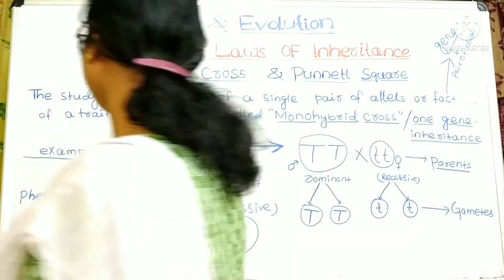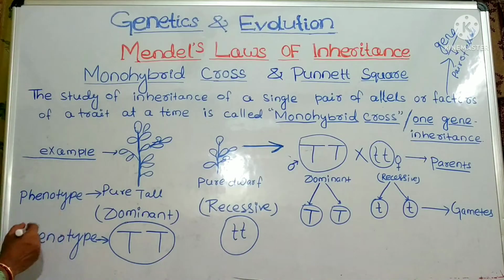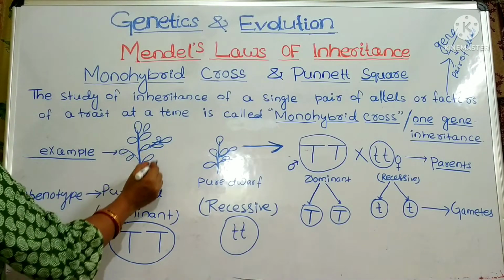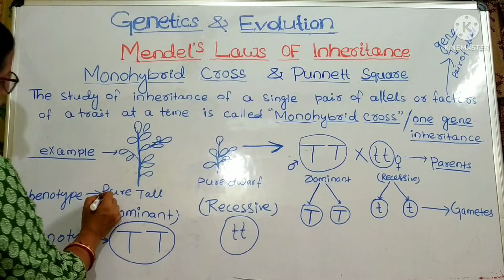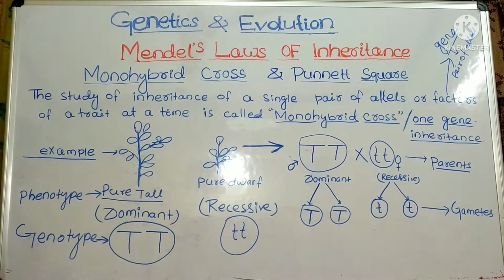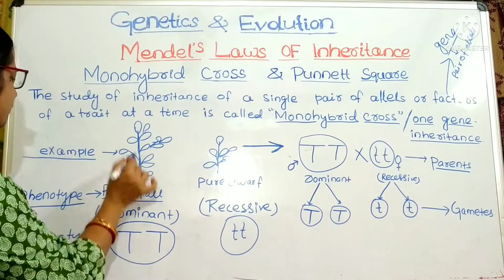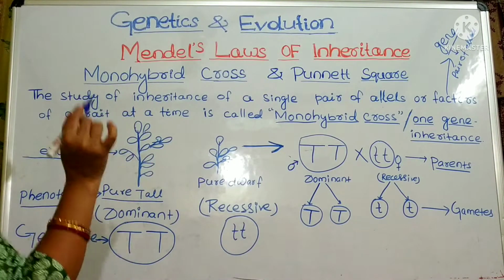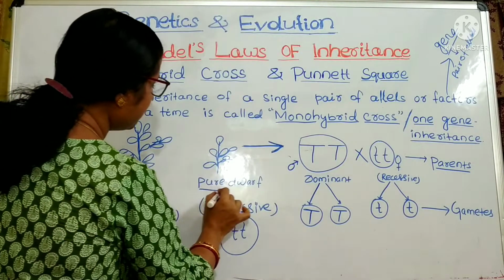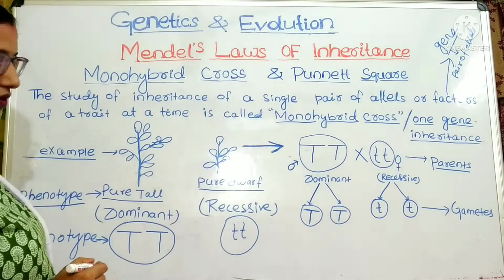For example, suppose this is a pure tall plant, and this is the phenotype of this plant, pure tall, and this is a pure dwarf plant.